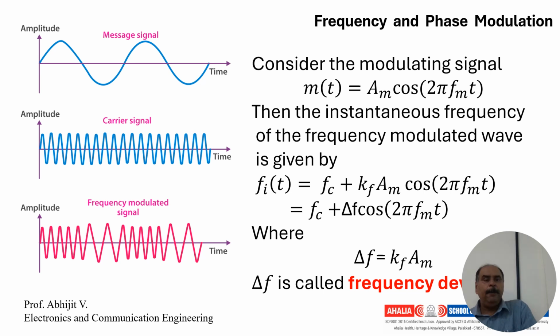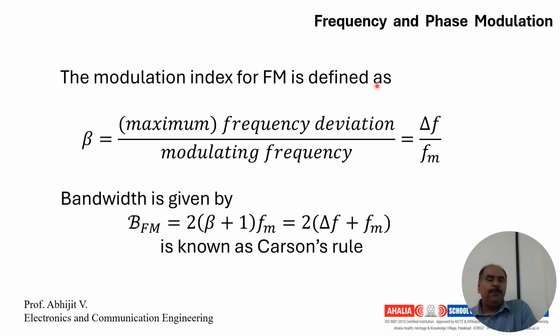So mathematically, we'll define a term called beta, which is the modulation index for the frequency modulated wave. Beta is defined as the maximum frequency deviation by the frequency of the modulating signal.